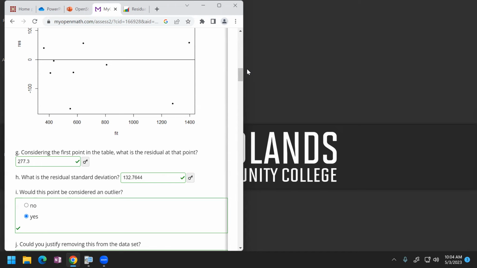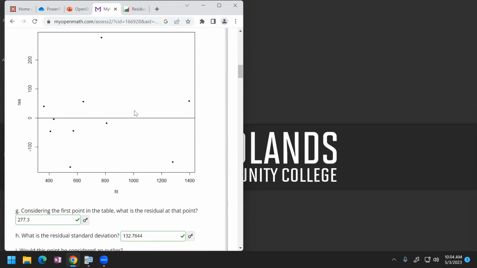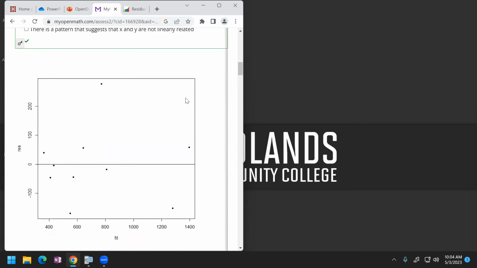All right, this is a graph of the residuals, but I swear I cannot figure out how they got this graph. And I have been pondering over this for how many semesters have I been teaching this? What the residual graph should be is the vertical axis should be the residual value.